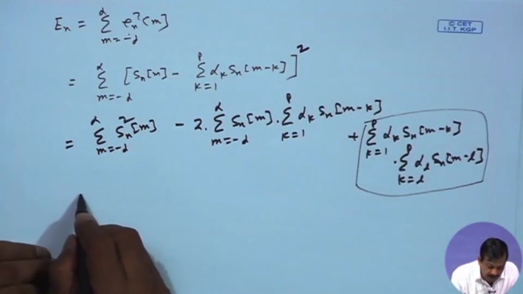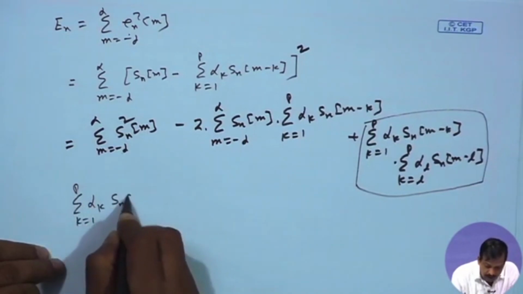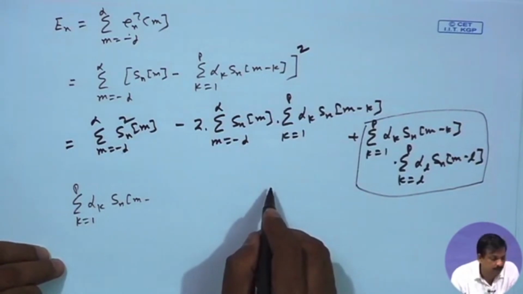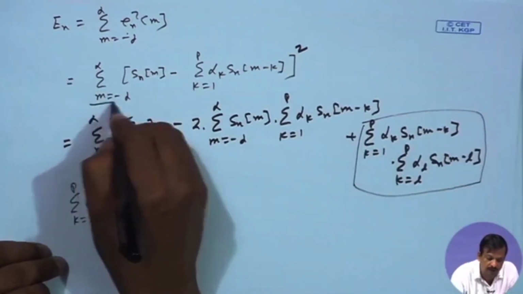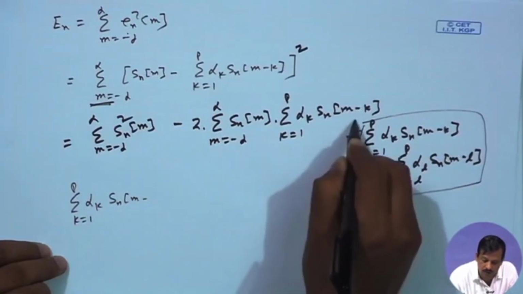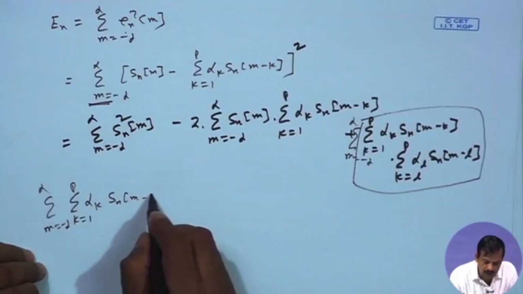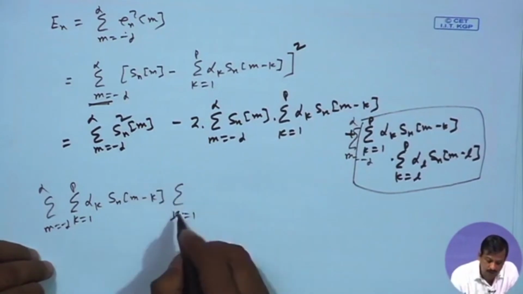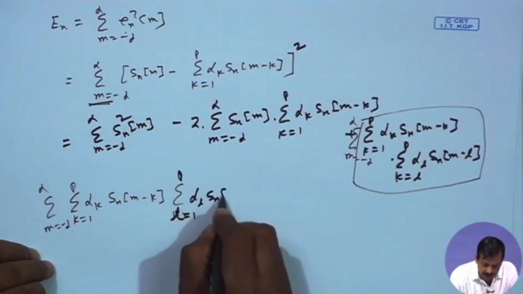The third term has the sum over k equal to 1 to p of alpha k s n m minus k, and another summation, which is an infinite sum over m equal to minus infinity to infinity, and another sum over l equal to 1 to p of alpha l s n m minus l.